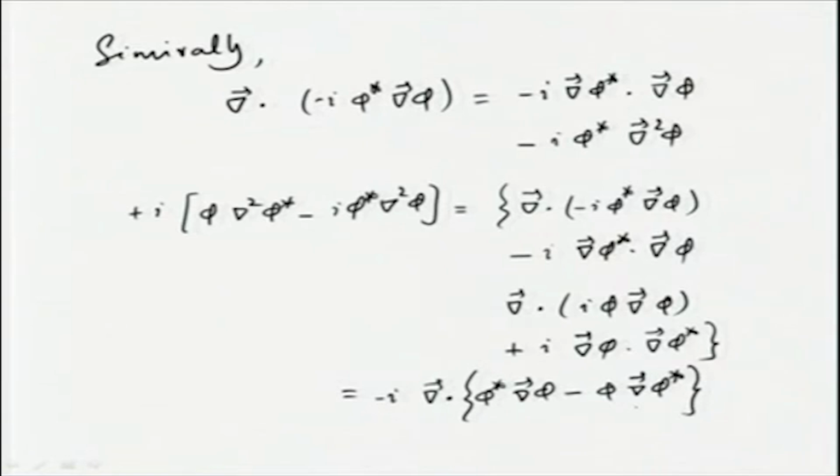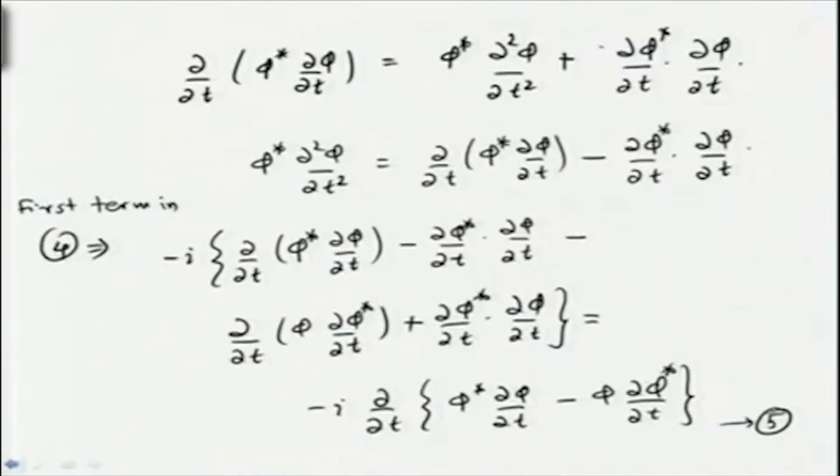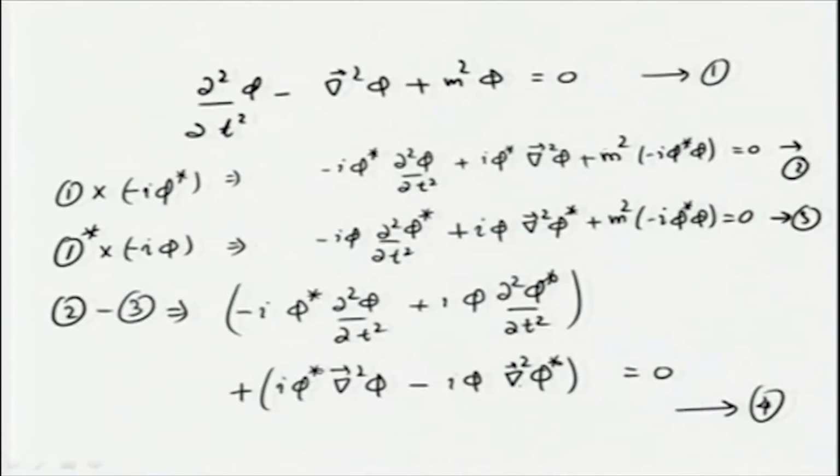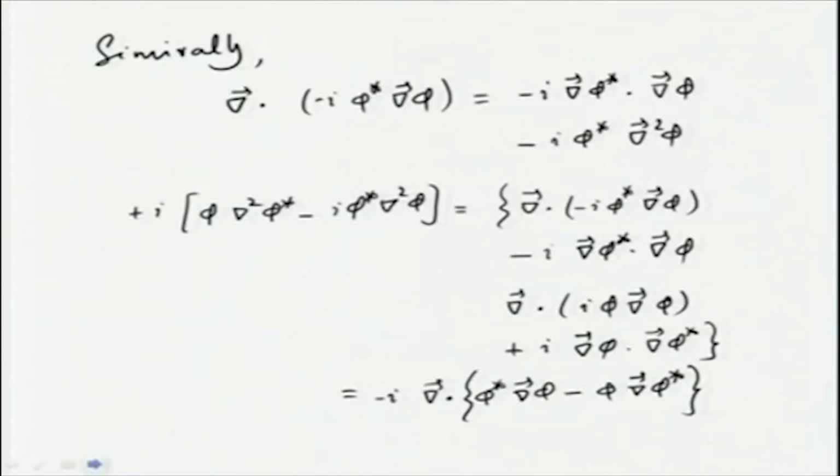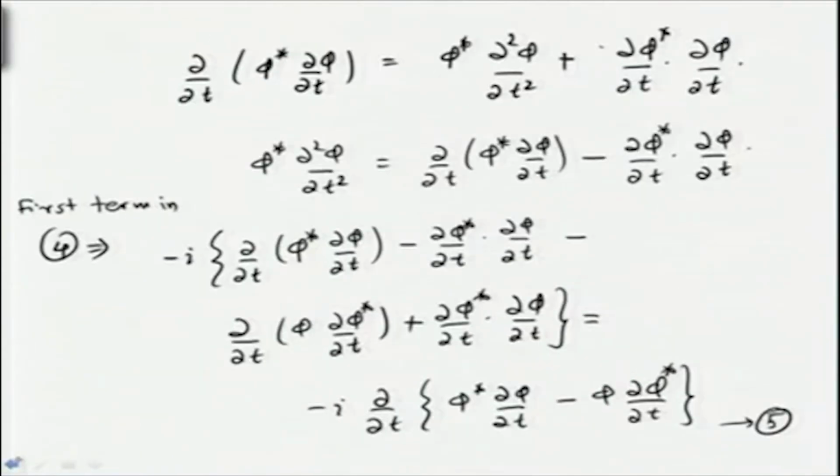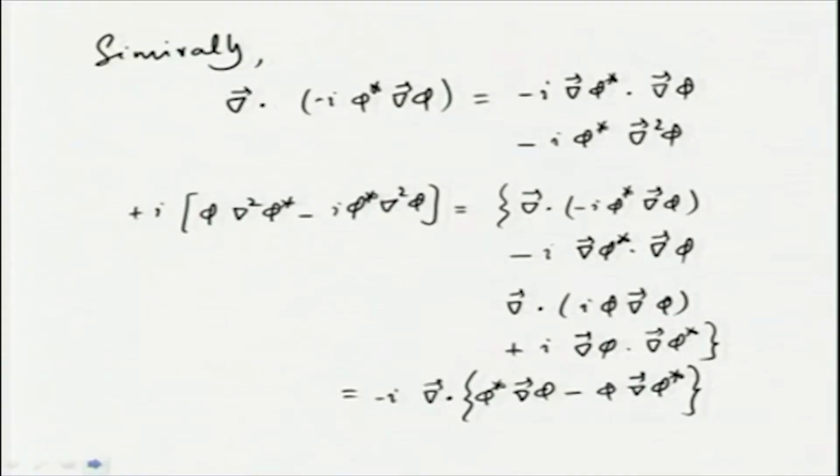Essentially what we have done is we have taken equation 4 and written each of these terms as a time derivative for the first term acting on both phi star and ∂phi/∂t. The time derivative is acting on both the factors there, and similarly for the gradient we have rewritten that in a different fashion.